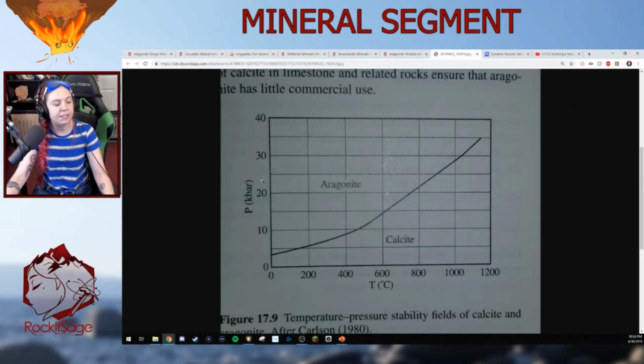Oh, this is one of the graphs I wanted to show you, with increasing temperature to the right on the x-axis and increasing pressure going up on the y-axis. So this is the line that divides where aragonite will actually transform or alter into calcite. So calcite's actually really stable at high temperatures.